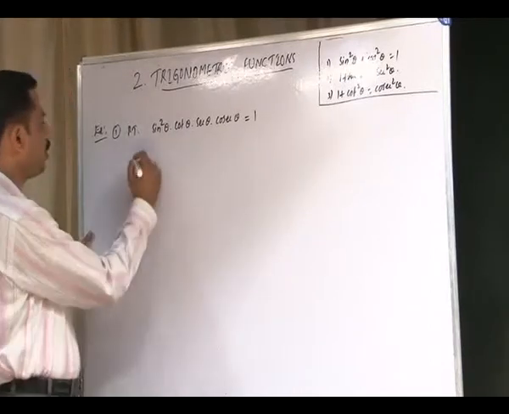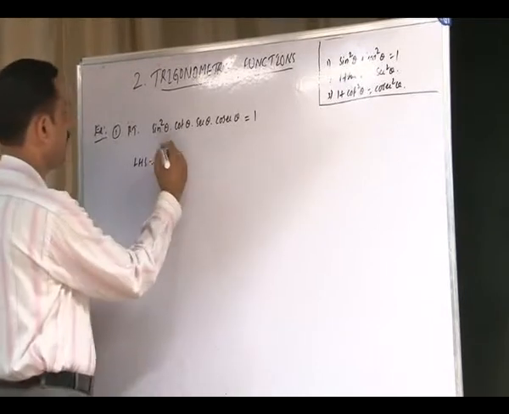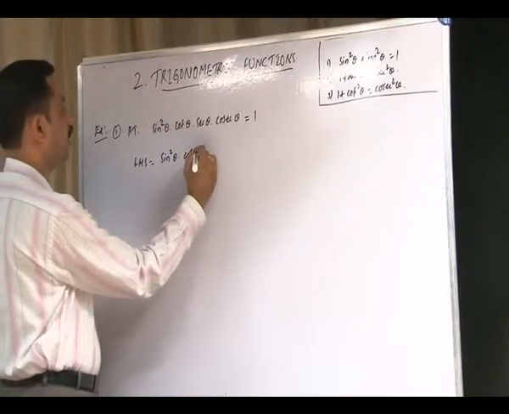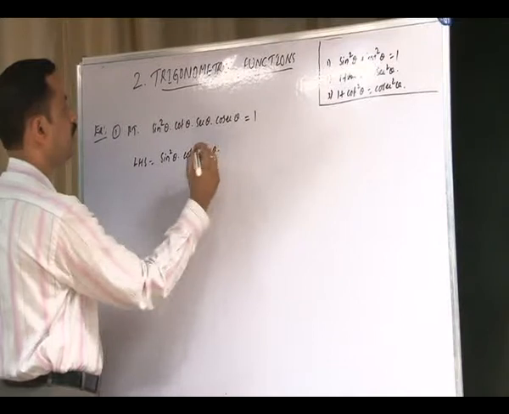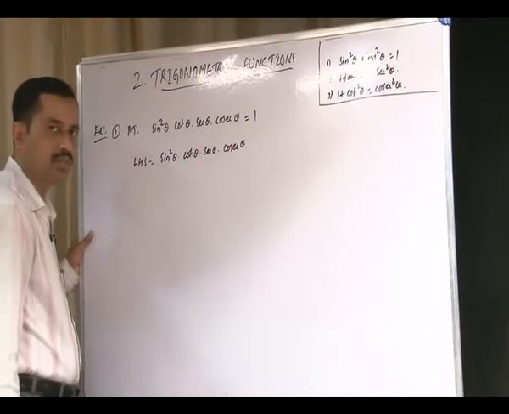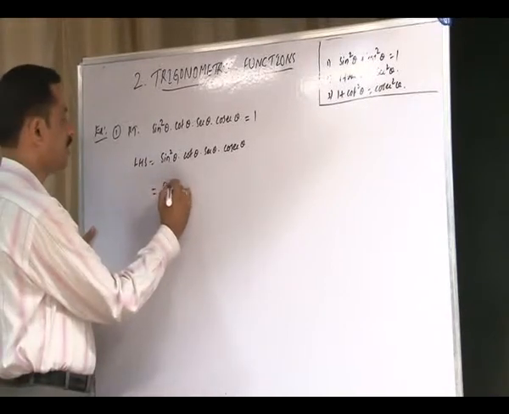So for that I will consider the left hand side here, LHS. The left hand side is sin square theta into cot theta into secant theta into cosecant theta. That is the left hand side of the problem. So here I will write sin square theta as it is.